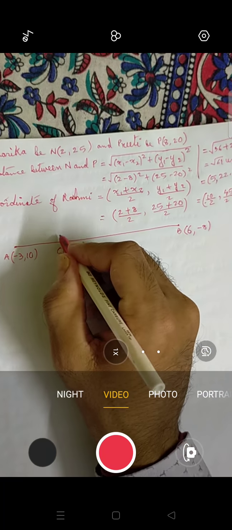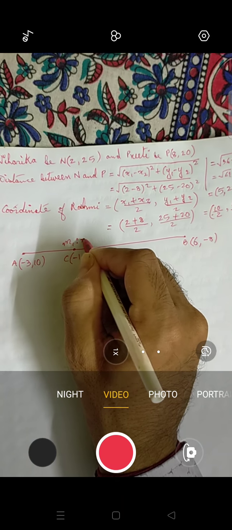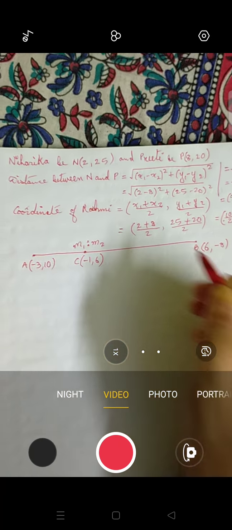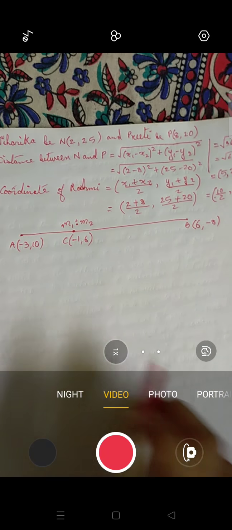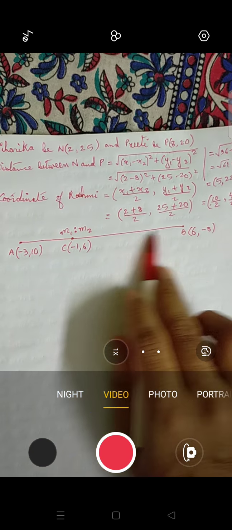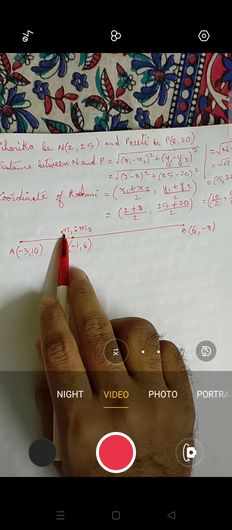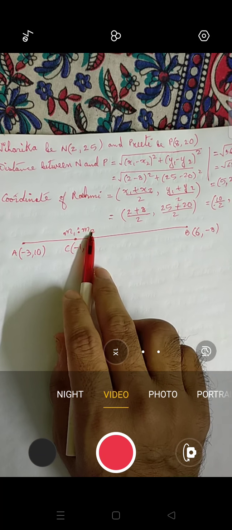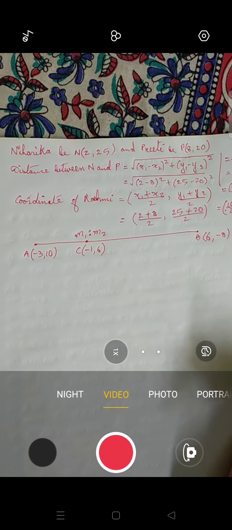So let us suppose that the ratio is M1 is to M2. Whatever ratio we get, we'll check at what point it divides.